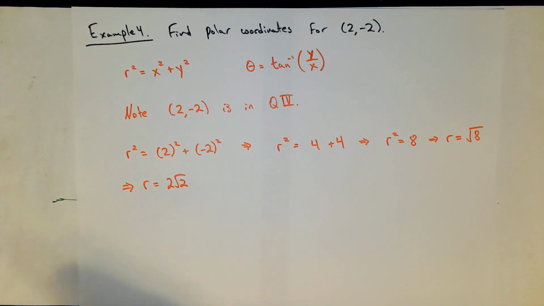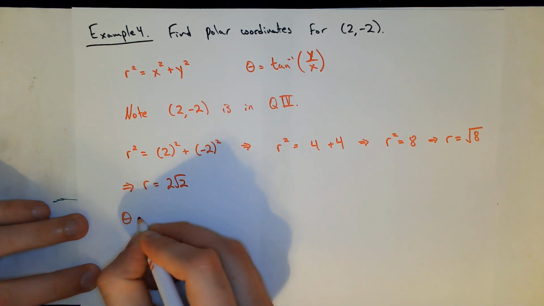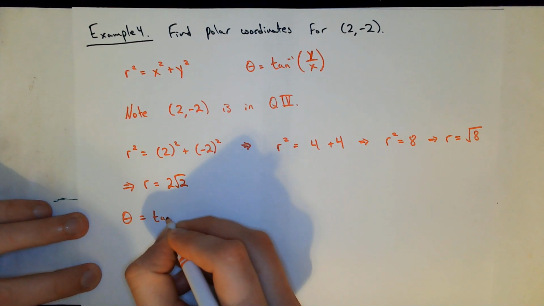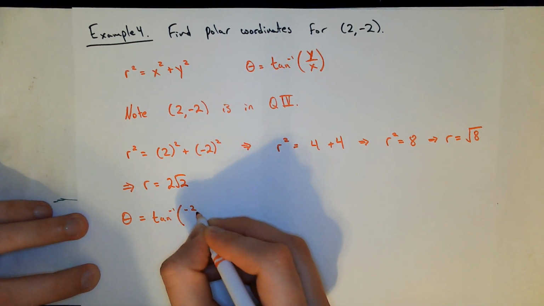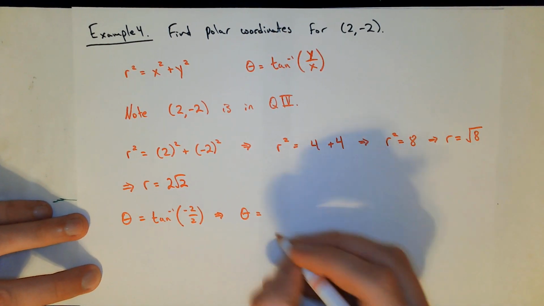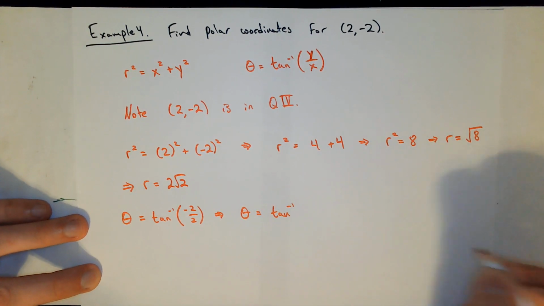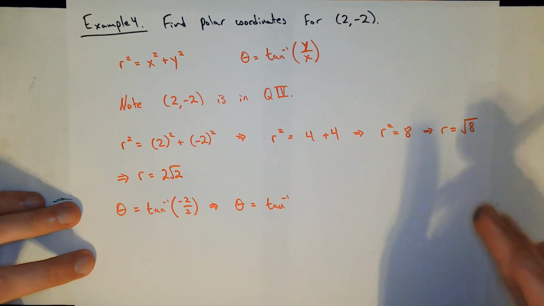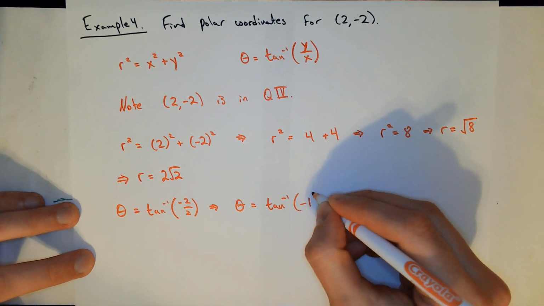Now for the angle, theta is tangent inverse of -2 over 2. Simplify inside that fraction: tangent inverse, or arctangent if you like, of -1.